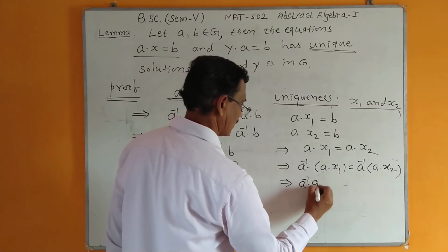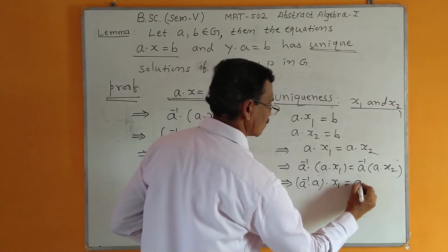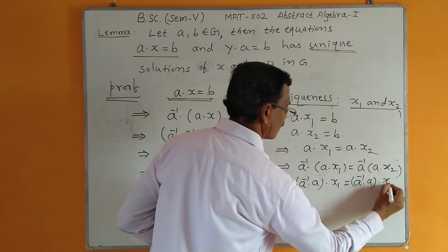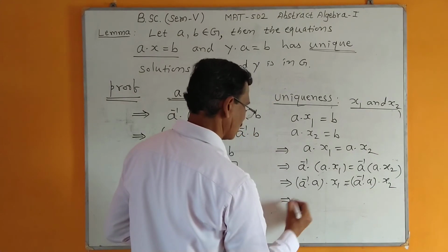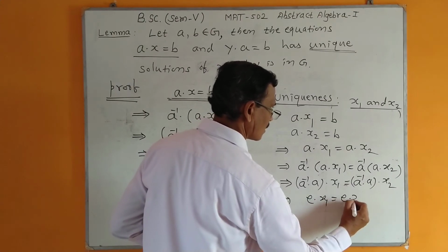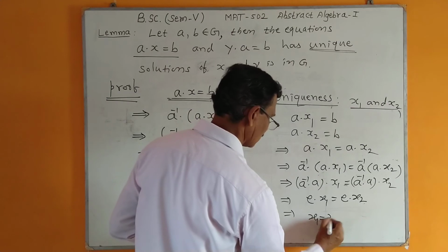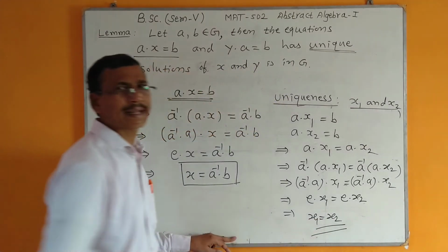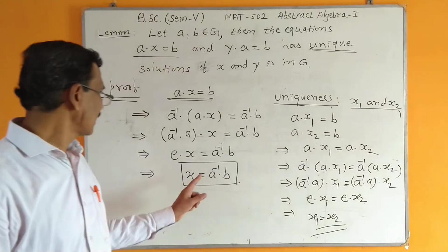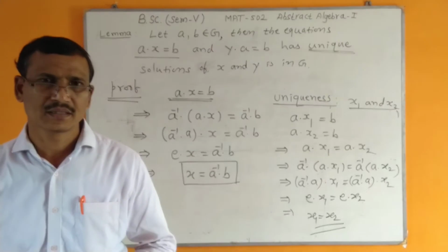This is E dot x1 is equal to E dot x2. E is the identity element. This implies x1 is equal to x2. That means there exists a unique solution. The solution is A inverse dot B, and this solution is unique.